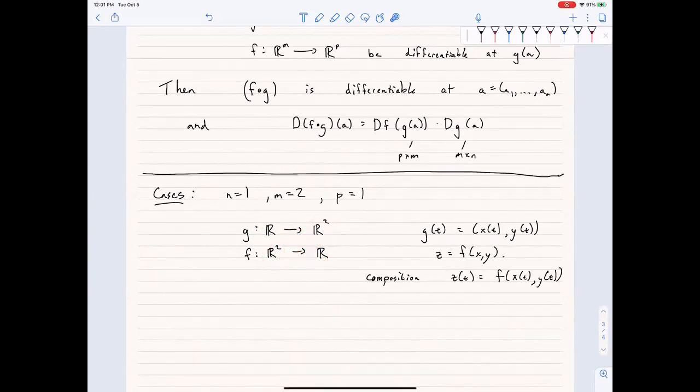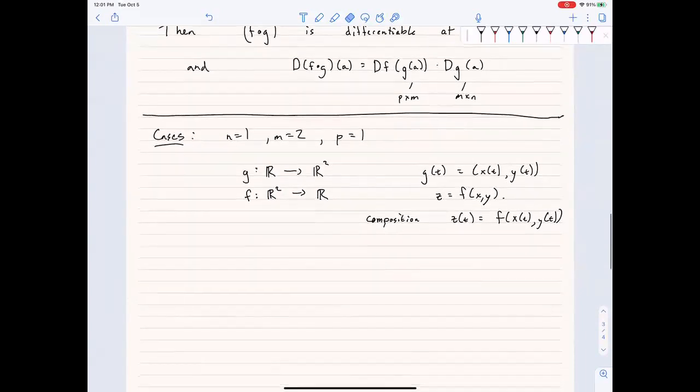So the composition is a single variable function, and for single variable functions I just have an ordinary old derivative. So the derivative of f composed with g is just dz dt. That's it. You could write it as a 1-by-1 matrix, but you don't usually put the brackets around.